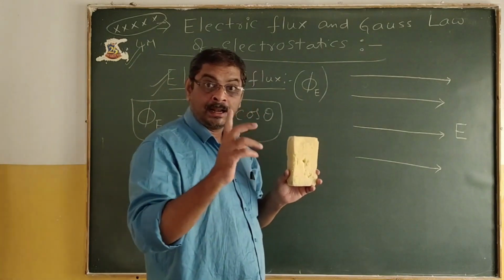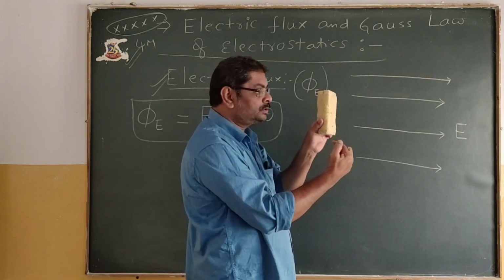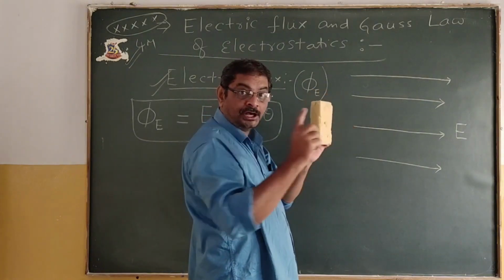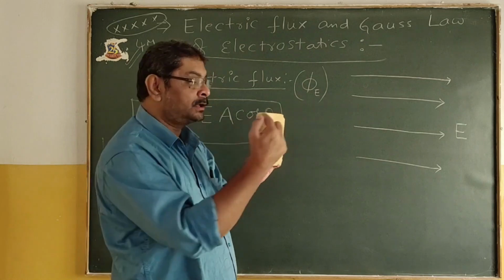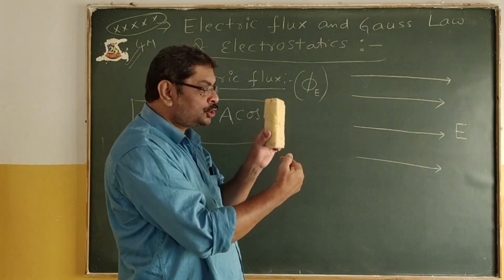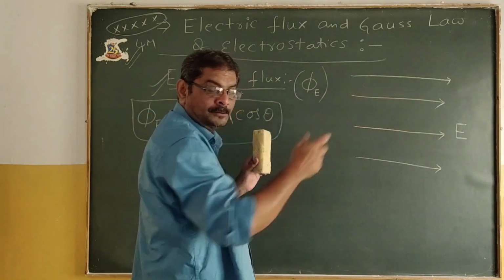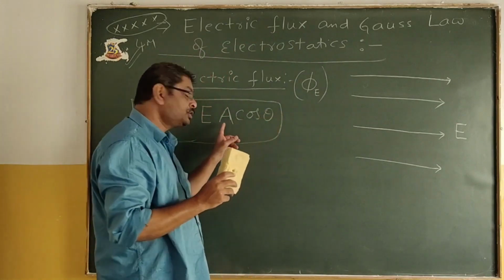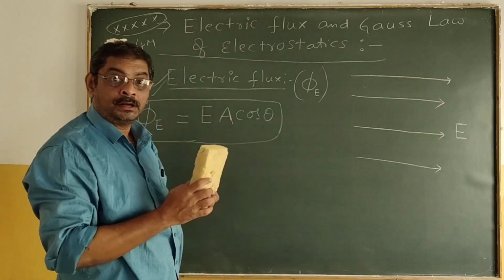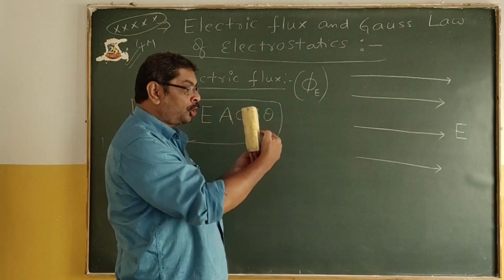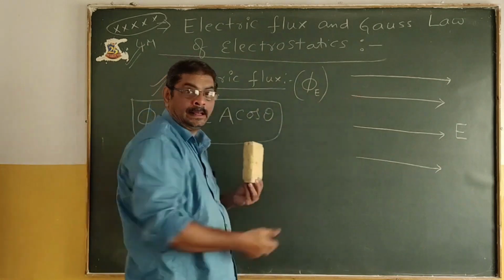The direction of the area vector will be normal to the plane of the surface, acting outward. Always remember, the direction of the area vector is normal to the plane of the surface but acting outward.